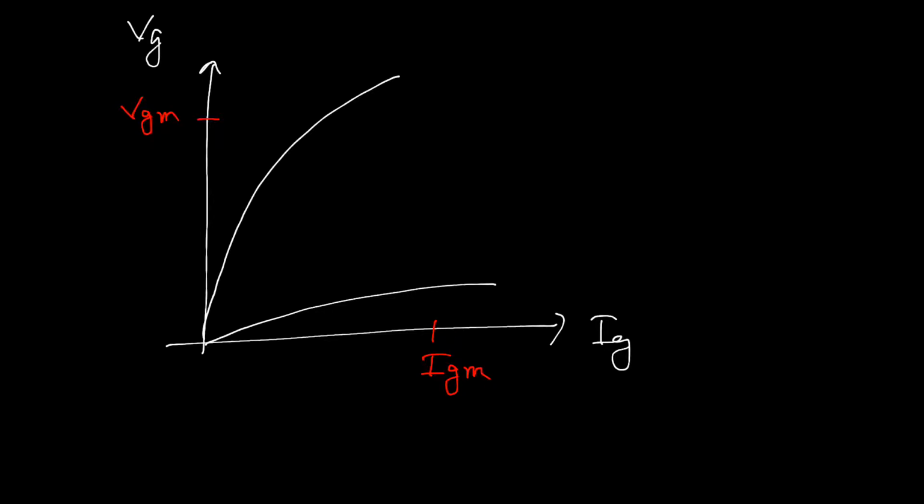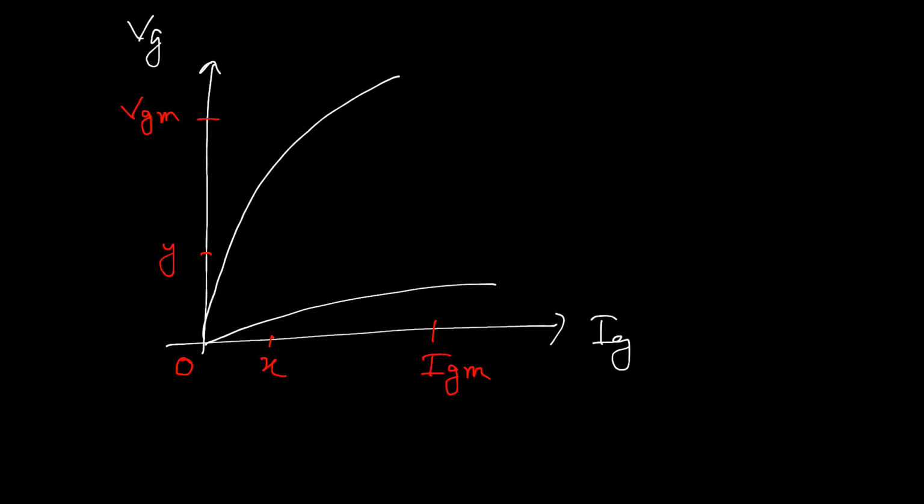Similarly, we can consider two other points, this one and suppose this one, which is defined by suppose OX and suppose OY. What is this? That means OX is the minimum amount of gate current up to which the thyristor cannot be fired.